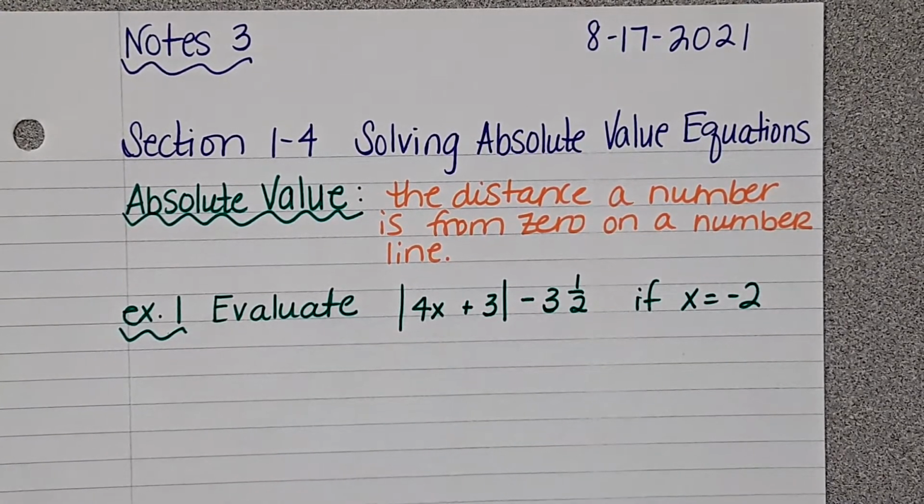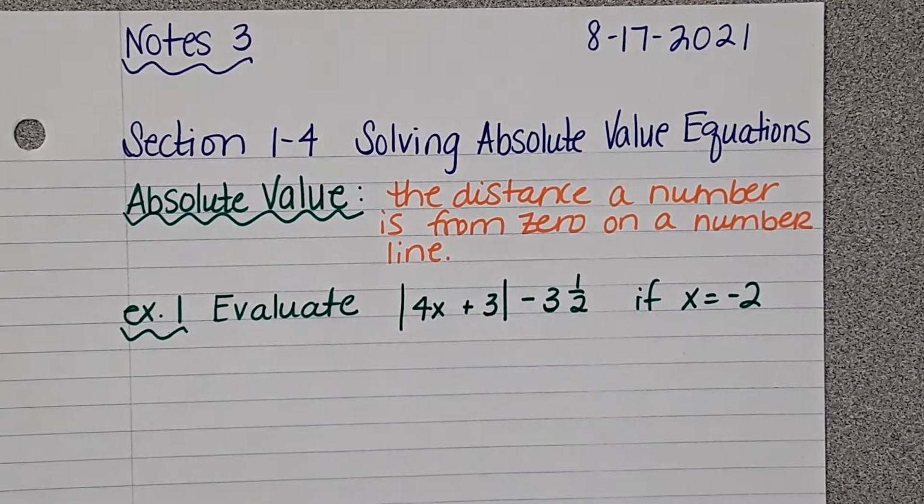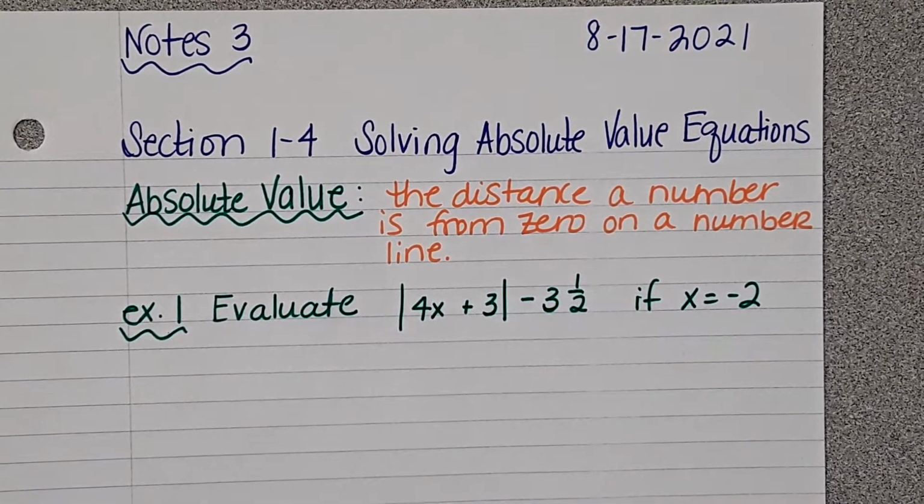So what this means is we're going to plug in negative 2 for x. The absolute value is the last thing we're going to do. It's an operation. Okay?